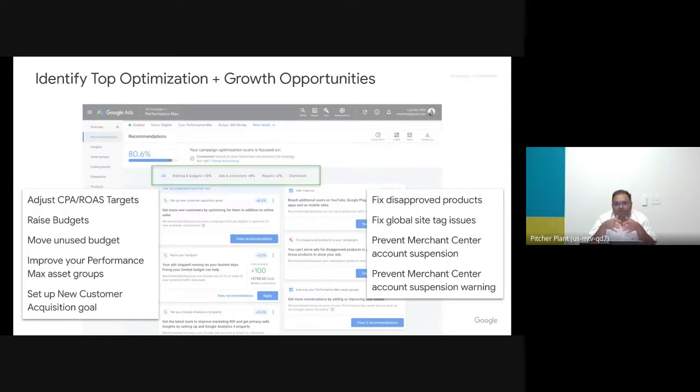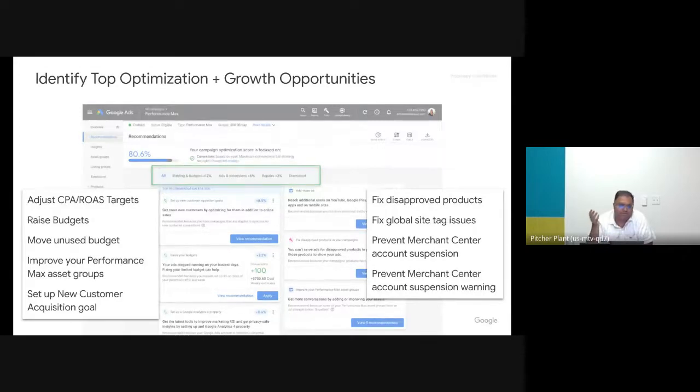More importantly, it takes a look at the competitive environment. It looks at consumer demand. It looks at your existing goals, and it provides those recommendations that are relevant for your individual campaign. We also recommend using this to assist you in determining which PMax asset groups will help you get stronger ad strength.